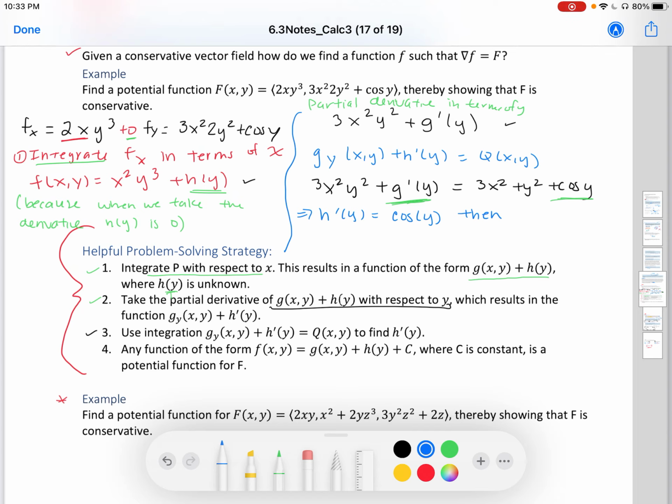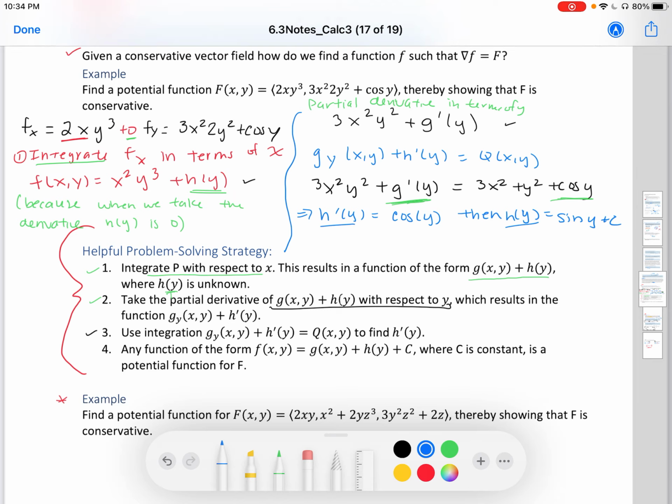Then h of y is equal to, so if this is our derivative, if this is h prime, then h would be the antiderivative. The antiderivative of cosine is sine, so we have sine of y plus c.